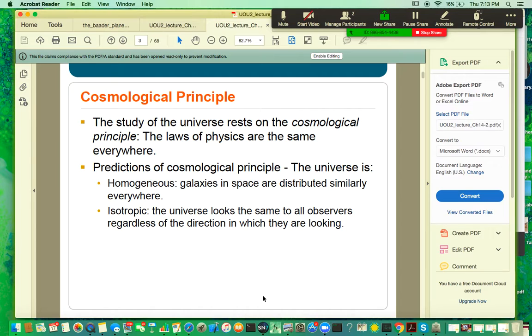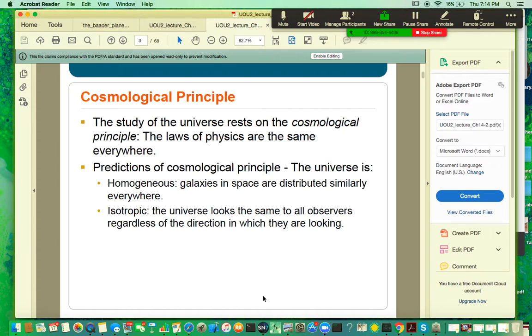So what does it mean to be homogeneous? It means that if you take a scoop of the universe several millions of light years in extent, a little sample, you can take this sample anywhere else and the universe will appear to be the same. So to be homogeneous means it's the same locally speaking, when you take an average.